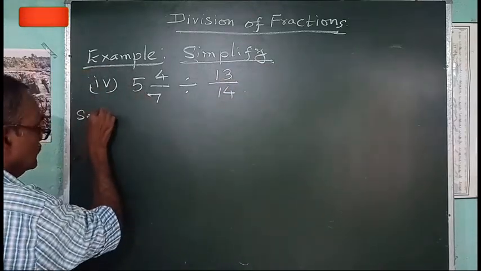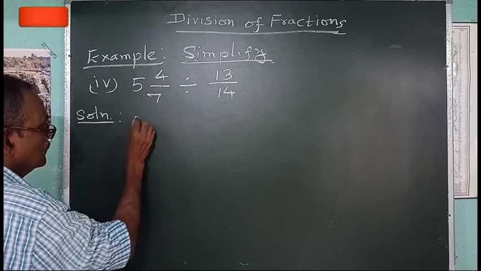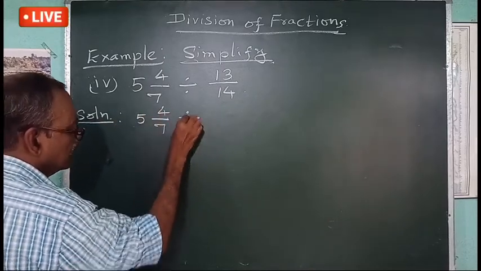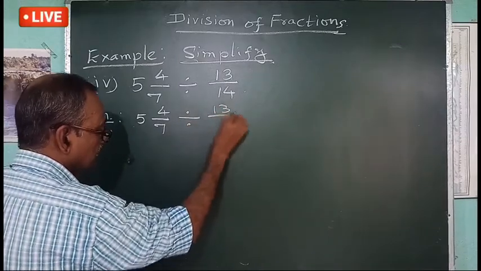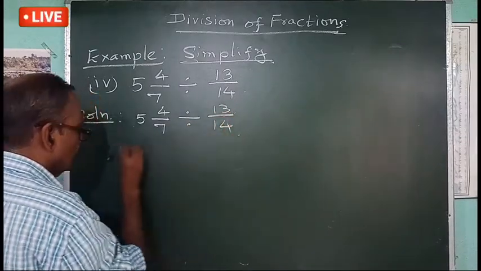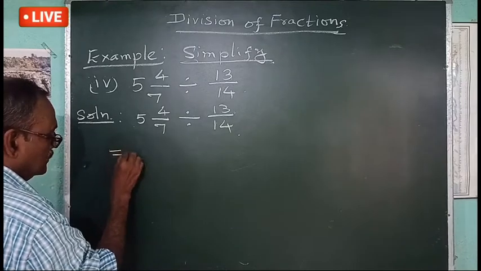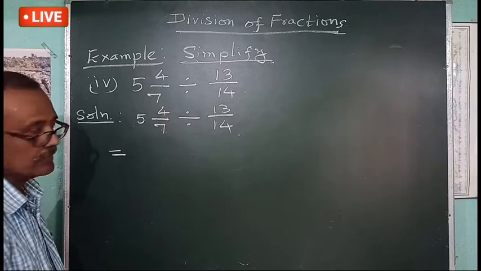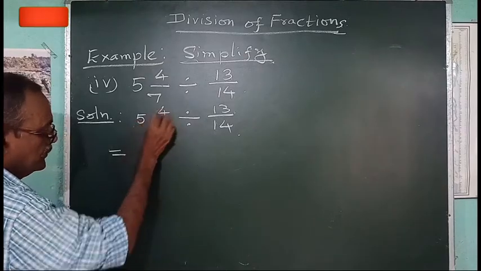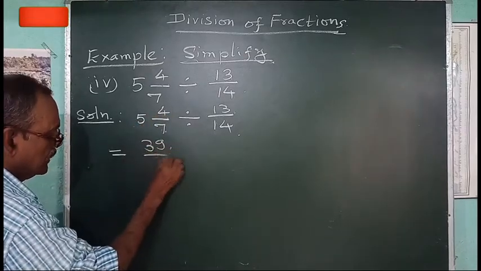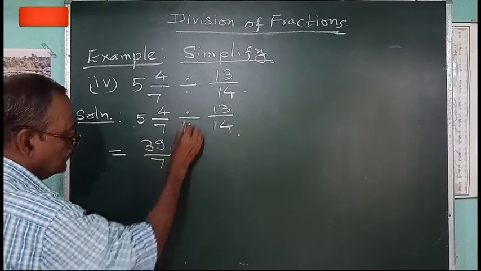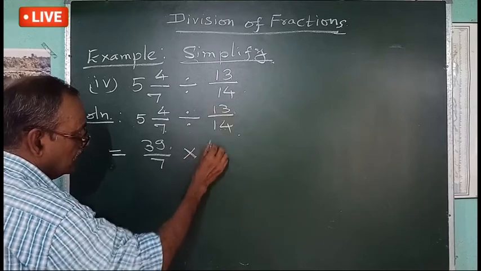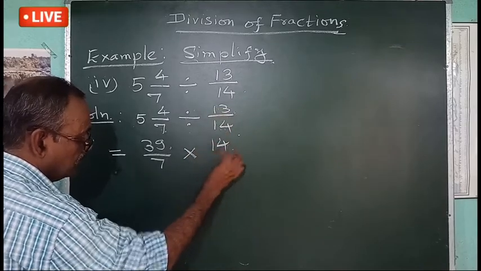So solution, 5 whole 4 by 7 divided by 13 by 14. So write it into improper fraction. 7 5s are 35 plus 4, 39 by 7, and find the reciprocal of 13 by 14, which is 14 by 13.